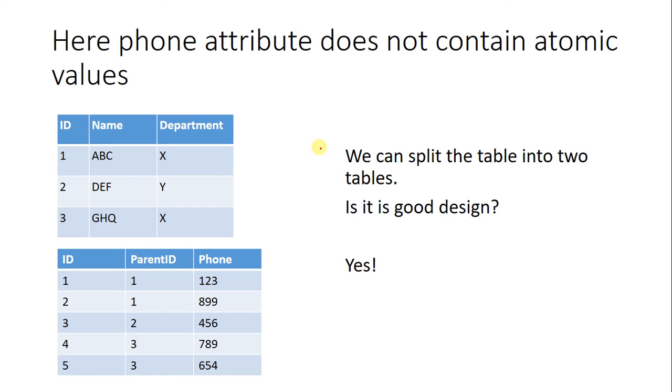This parent ID actually works like a foreign ID. So you can say this matches with here. It will be repeated two times because it has two phone numbers. Again we have some repetition here, but we are repeating just IDs, nothing else. So this is a better design as compared to the previous designs. So this is the first normal form.